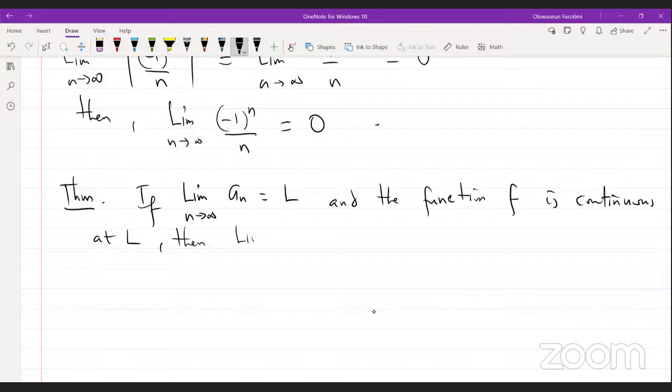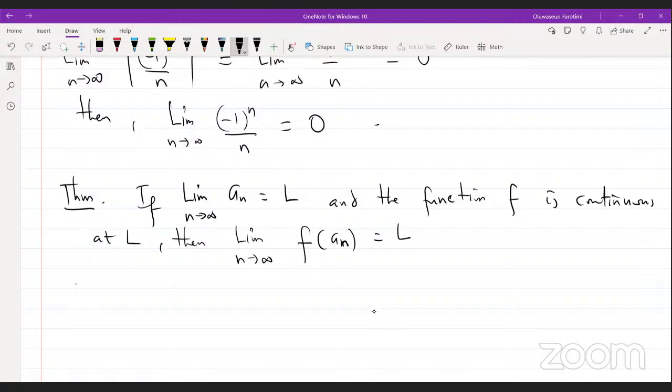Then the limit as n goes large of f of a_n equals L. Okay, it's all going to be interesting when we do an example, guys. At the level of the theorem, it's like, oh, what's going on? I understand, I know how you feel, but right now we have to see what to do.